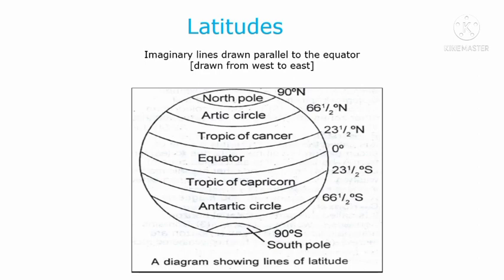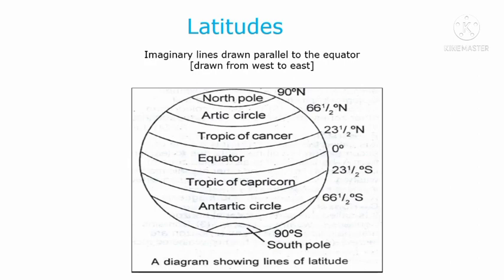The 23.5-degree north latitude is called as Tropic of Cancer and 66.5-degree north latitude is called as Arctic Circle, and the topmost 90-degree north is North Pole.